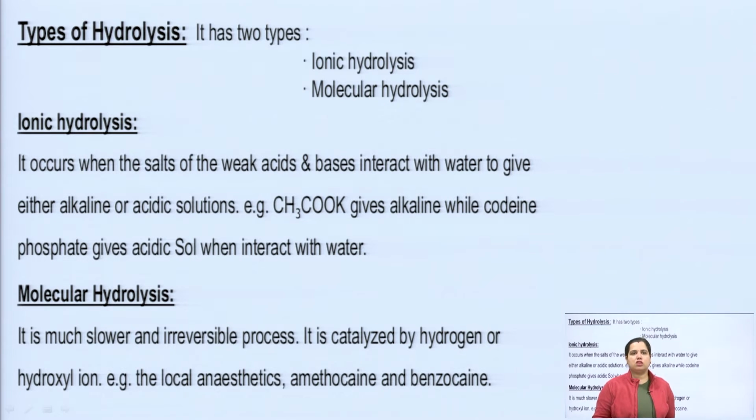For example, CH3COOK gives an alkaline solution, while codeine phosphate gives an acidic solution when it interacts with water. Whenever they interact with water, they will give either alkaline or acidic solutions, which are considered to be the degraded form of the formulation.